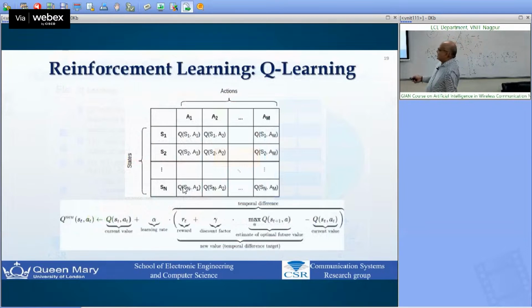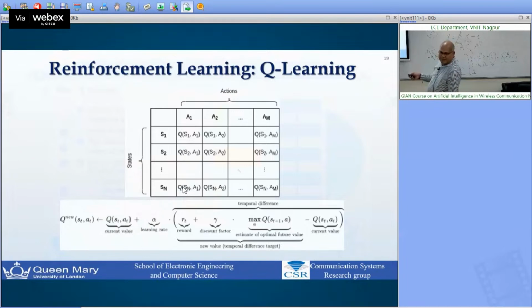Then using the Bellman equation, we can update the Q value iteratively and prepare this Q table. For example, say you have 4 states and 4 actions. If it is in this state and you take this action, we can calculate the Q value. Iteratively, we can have this Q table.